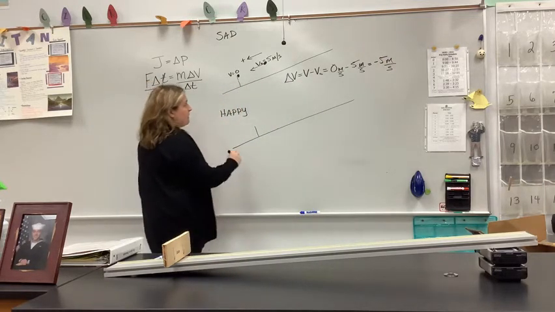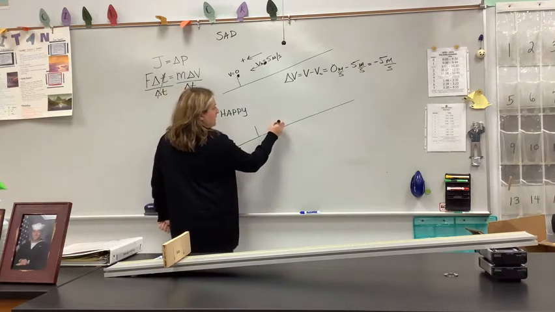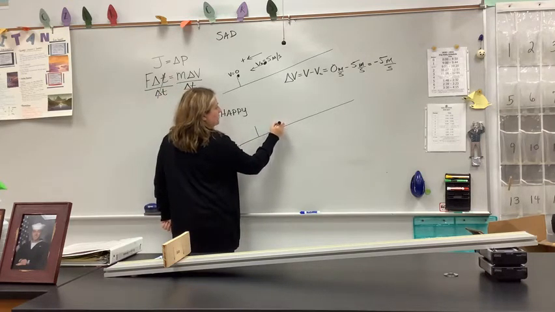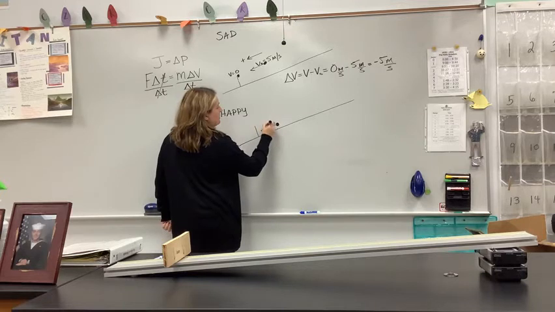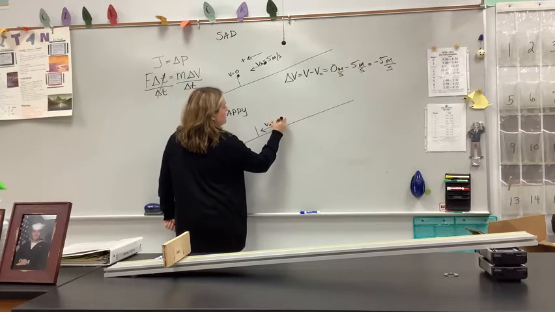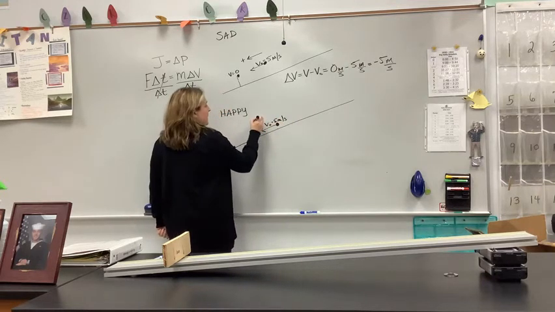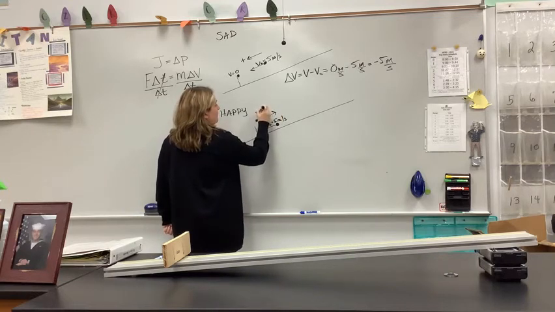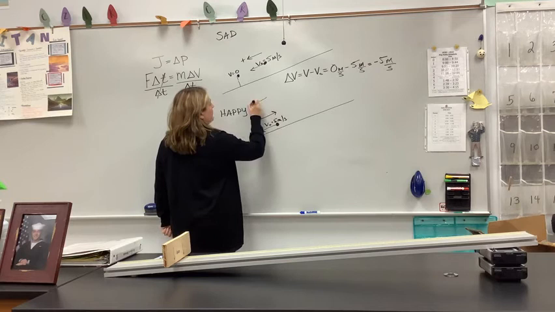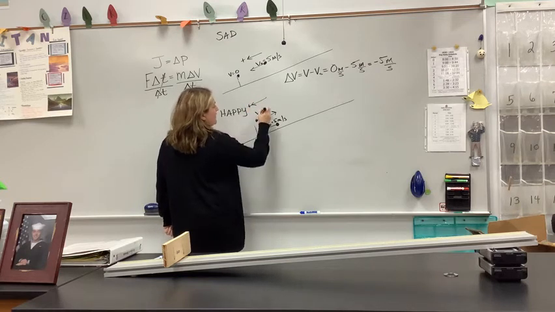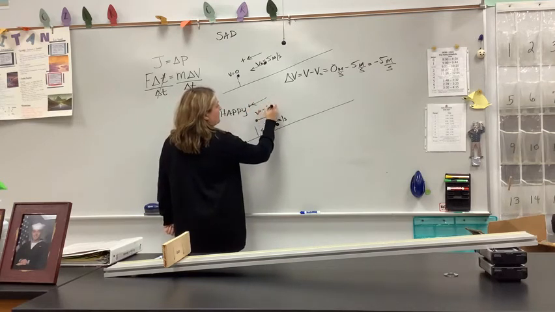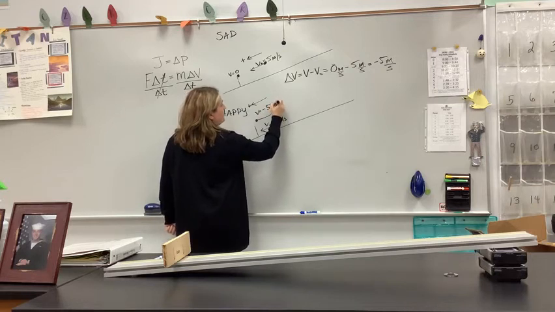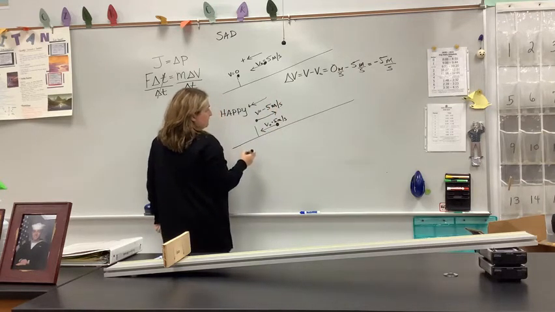The happy ball had, let's say, an initial velocity also of 5 meters per second, and it bounced back with a final velocity, and I'm going to call down the ramp the positive direction, so that would make my final velocity negative 5 meters per second.